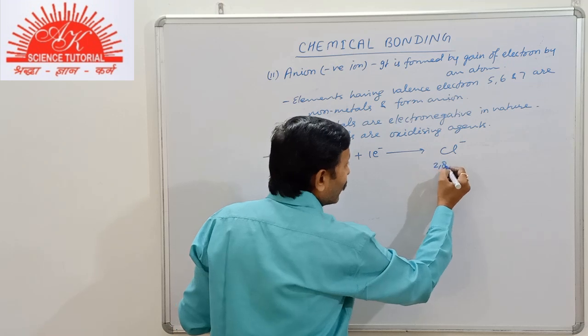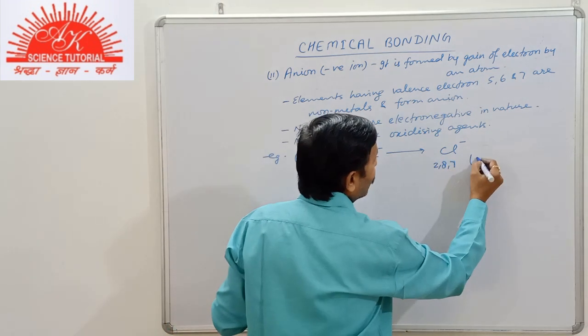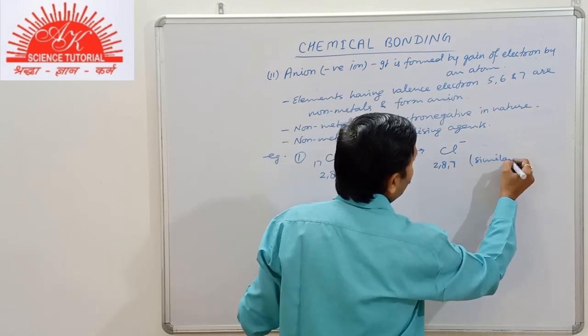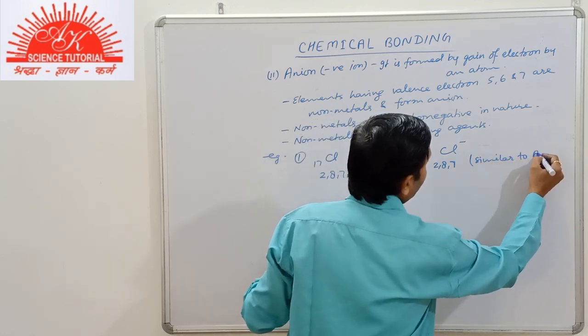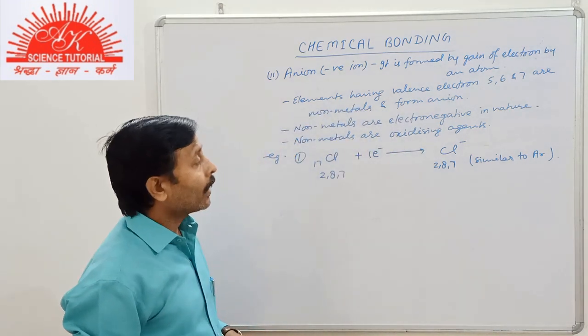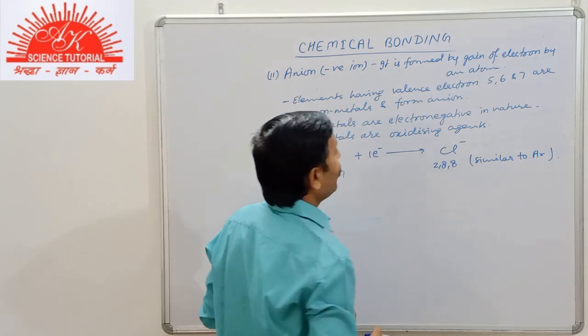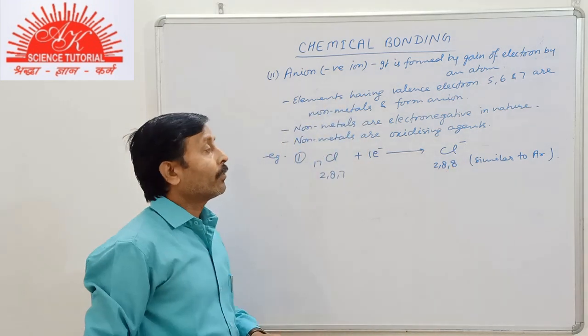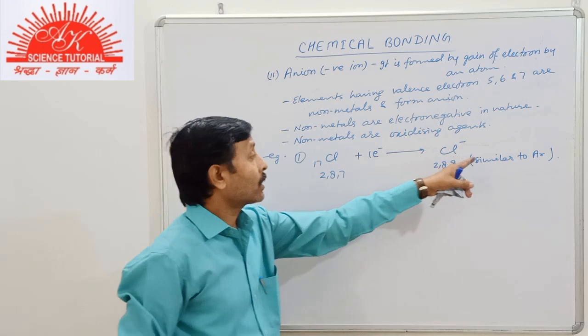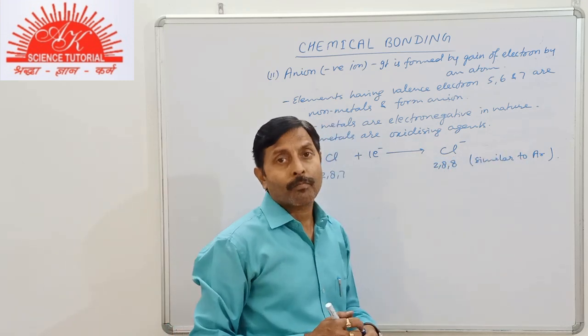It acquires configuration of 2, 8, 8, similar to the nearest inert gas argon, having electronic configuration of 2, 8, 8. So electronic configuration of 2, 8, 8 is the electronic configuration of inert gas argon.